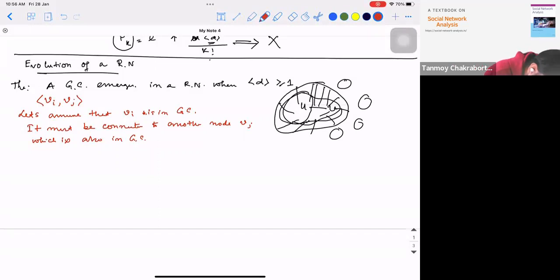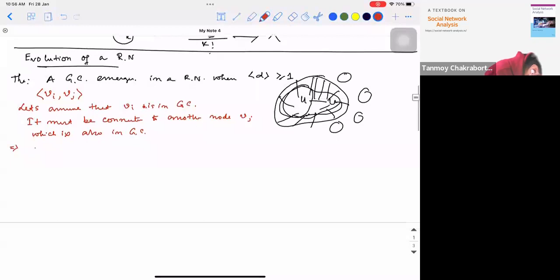So Vj is also part of GC. We started with the assumption that Vi is also a part of GC, and Vj is also part of GC, right?